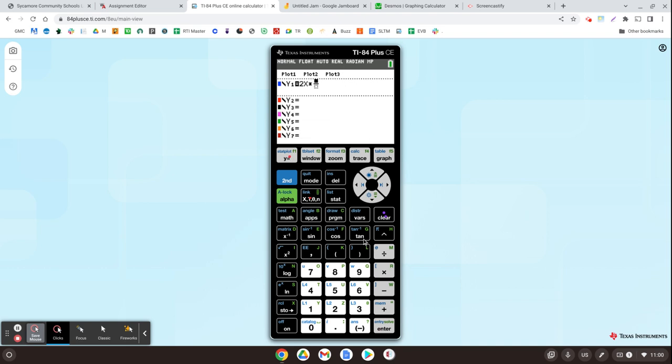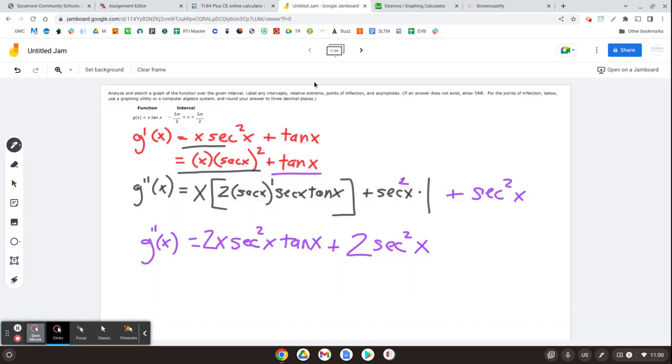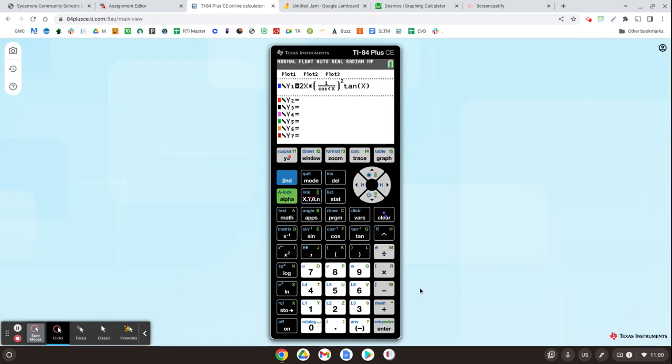All right. 1 over cosine of x squared, and then times tangent of x, and then plus 2 secant squared of x.